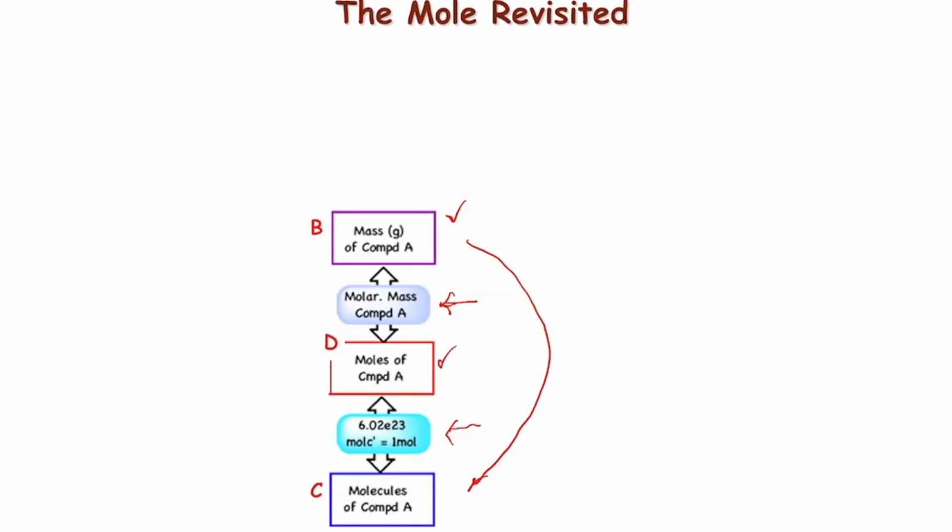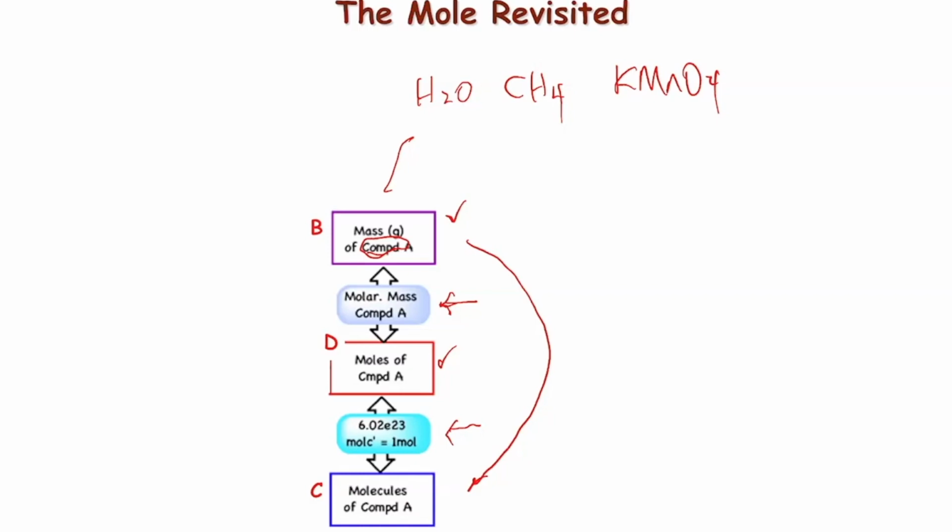Okay, so this would be like if you have a compound, and a compound would be like H2O or CH4 or KMnO4. Okay, those are compounds. Compounds are unique chemicals that have bonded atoms and they have a unique identity.